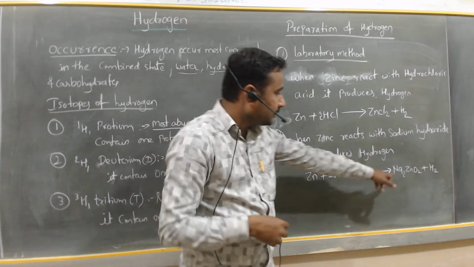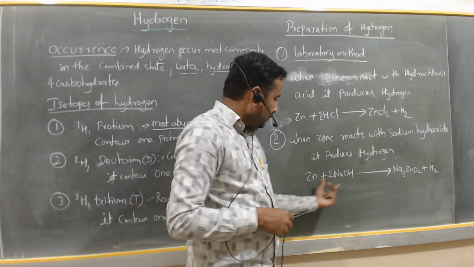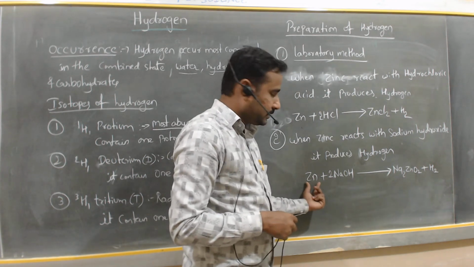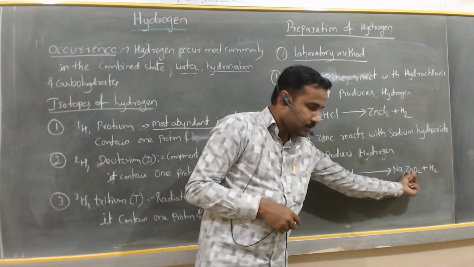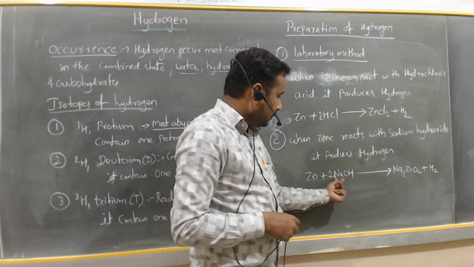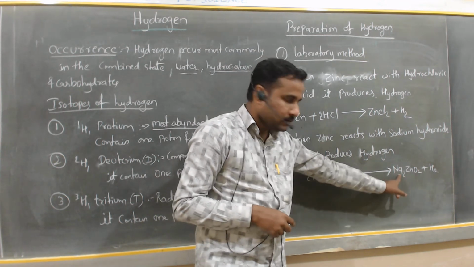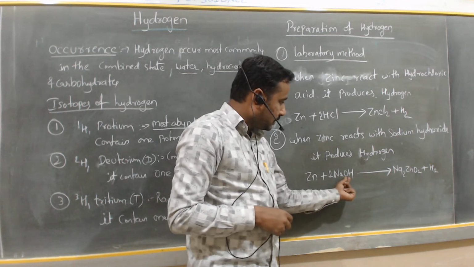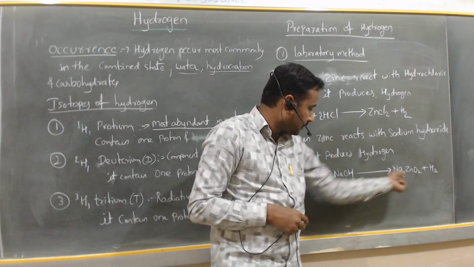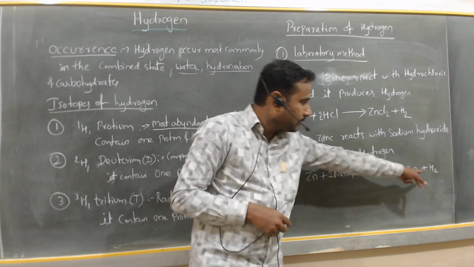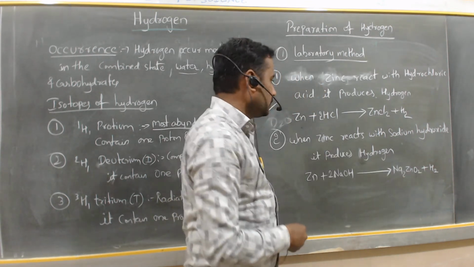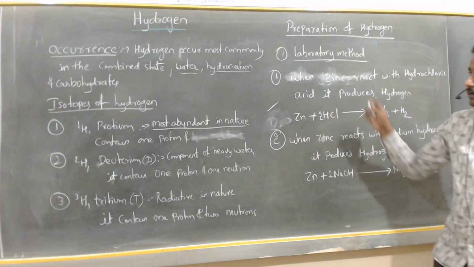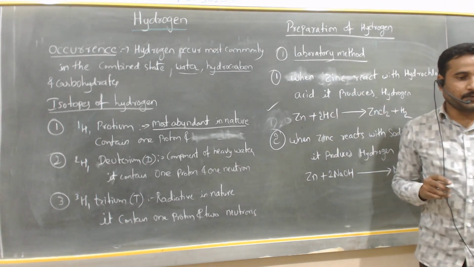Now check whether it is balanced. One Zn on both sides. 2Na on the product side. 2 oxygens here and 2 oxygens there. 2 hydrogen are written here. So these are the two laboratory methods for the preparation of hydrogen.